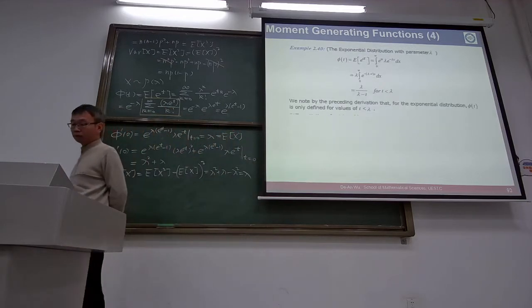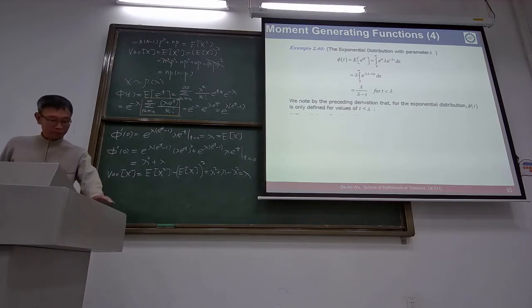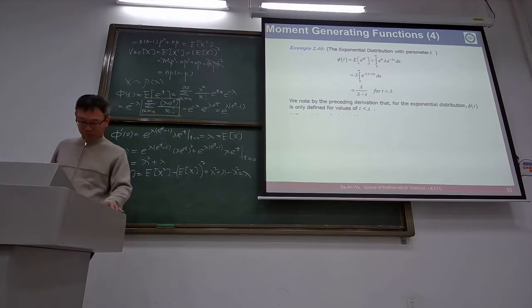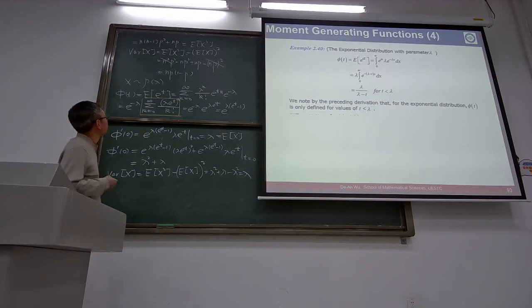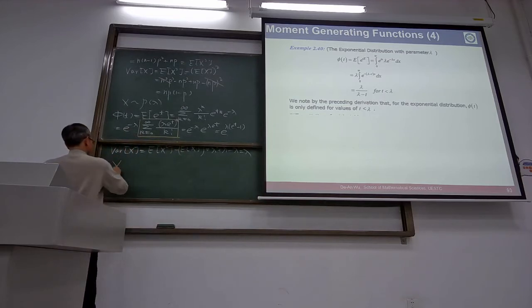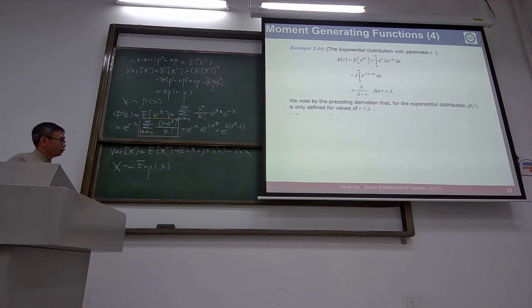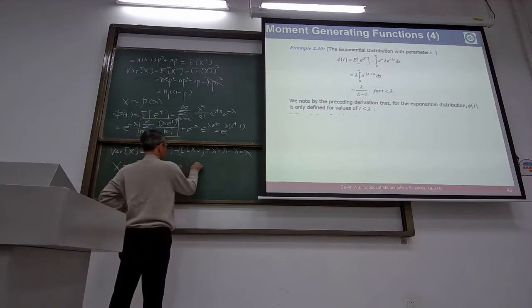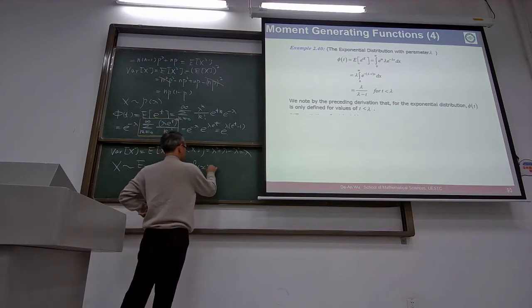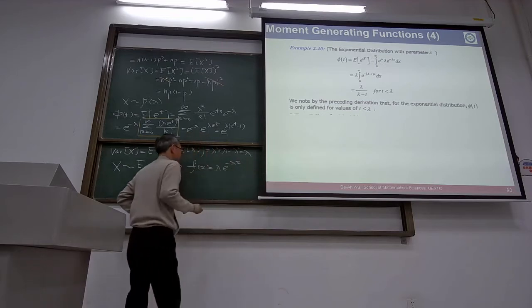Next one. If X follows an exponential distribution with parameter lambda, then the density function of X is given by lambda e to the minus lambda x.